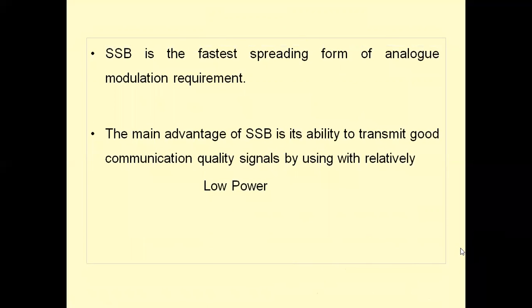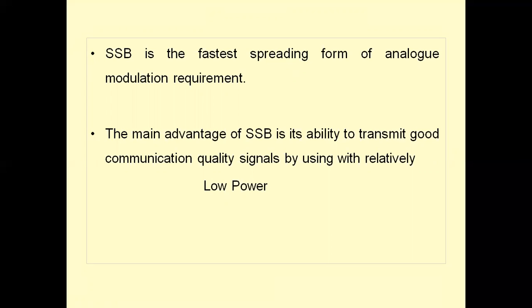And hence, SSB is the fastest spreading form of the analog modulation technique. Why are we suppressing one carrier and one sideband? The main reason is its ability to transmit good communication quality signals by using only a small amount of power, low relative power.